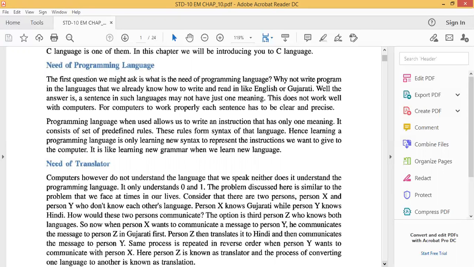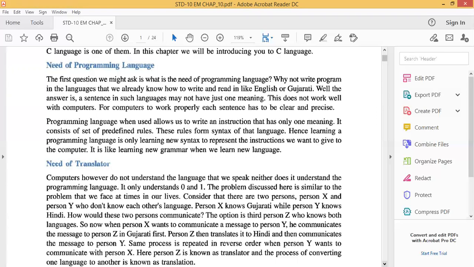Underline this line, because a computer is an electronic machine. If we give it the word buddy, it cannot understand what is meant by buddy. Generally, we use the word buddy for our friend, our colleague. So when we give an instruction to the computer, it must be clear and precise.